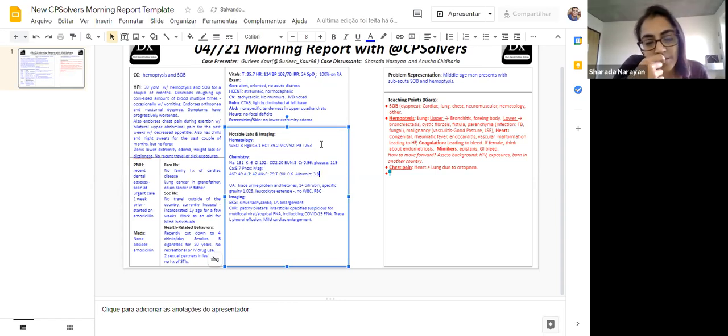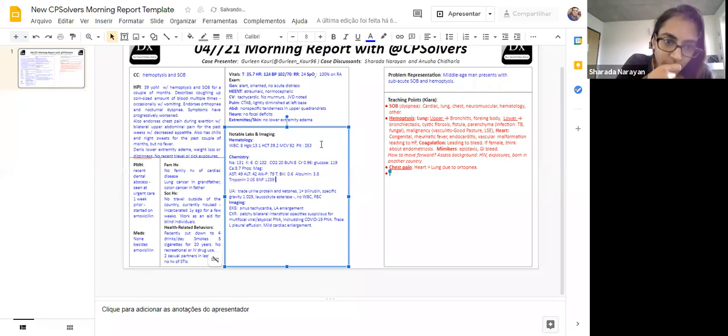Okay, and you don't have a VBG. So this is making me worried about him, just from a global perspective. Let's see. The urinalysis is not that revealing, but the BNP is high.